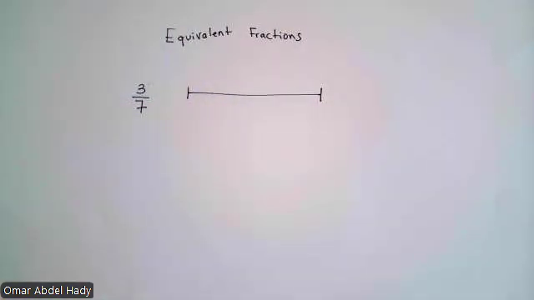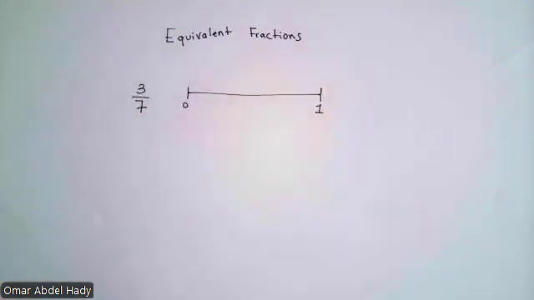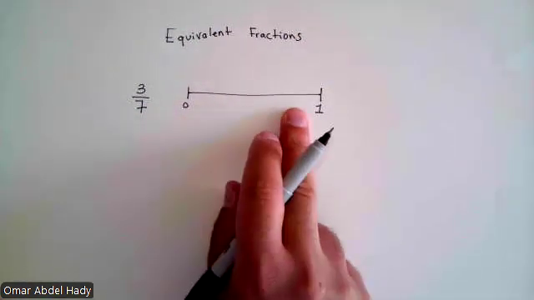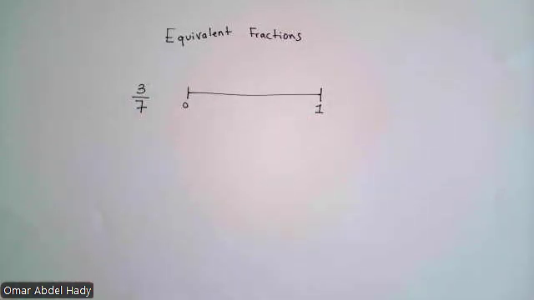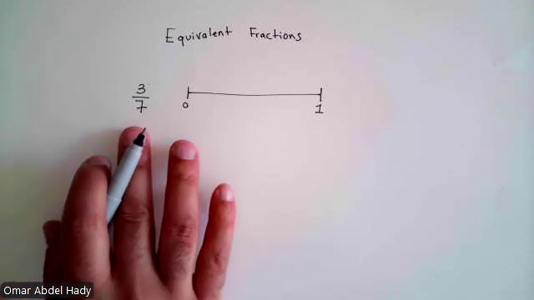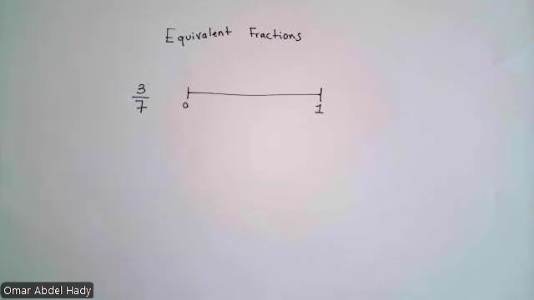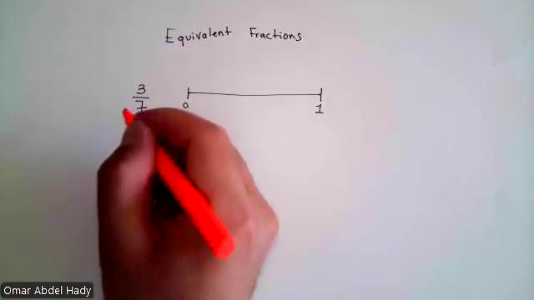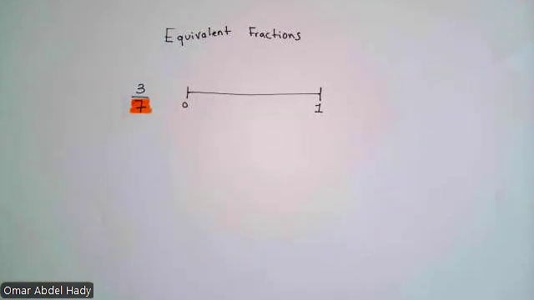That whole was once in one piece, but it became a fraction after it has been partitioned and broken into parts. How many parts is our whole made of? It's made of seven because our denominator is seven. So that tells us that our whole is made of seven parts.